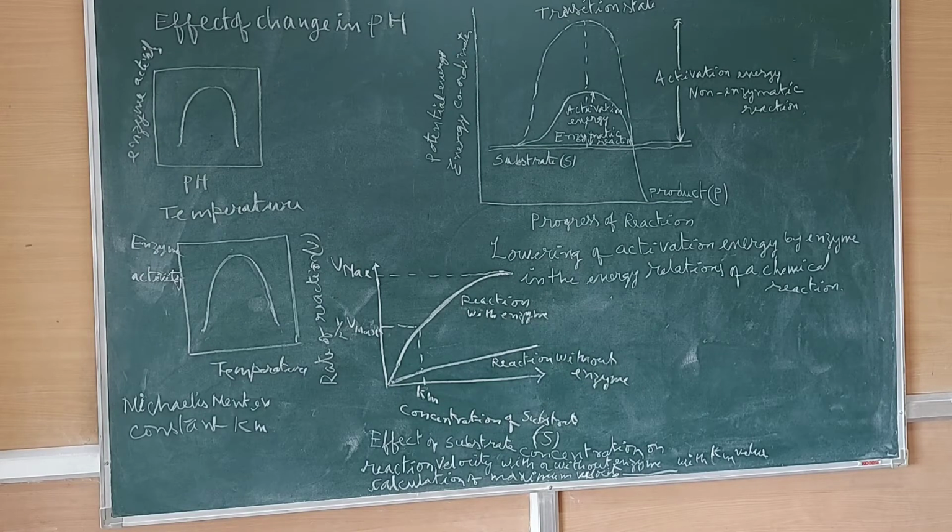It generally corresponds to the body temperature of warm-blooded animals. In humans, the body temperature is 37 degrees centigrade. Enzyme activity decreases above and below this temperature.